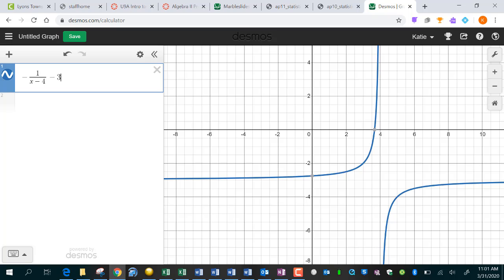It's going to be right in the middle of those two functions. If this is negative 2, here's down negative 4, it looks like my horizontal asymptote is at negative 3. Likewise for my vertical asymptote going up and down, you can see this break here at positive 4. So that means it would be at positive 4.